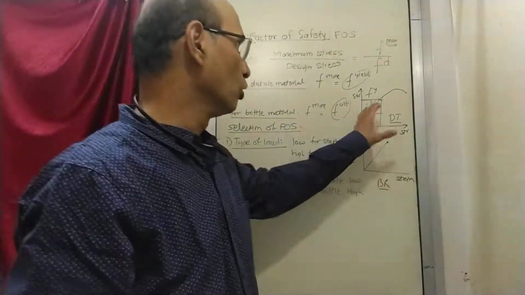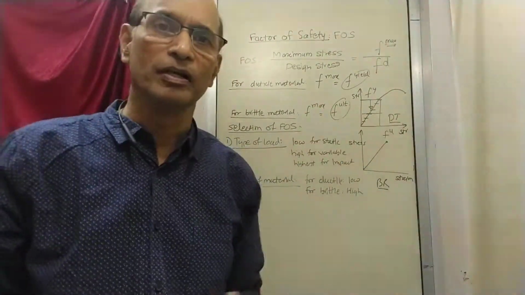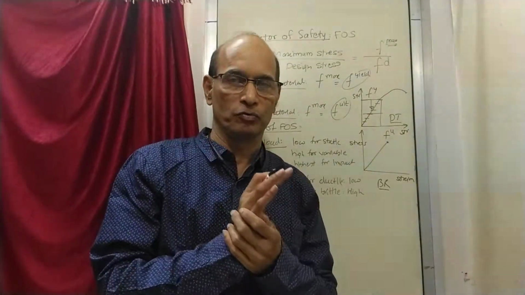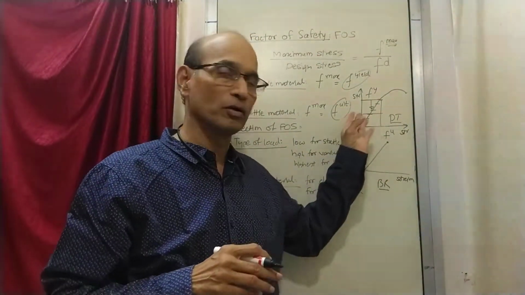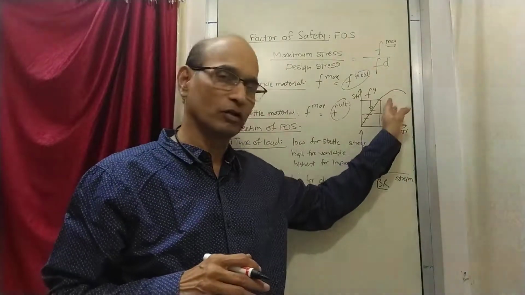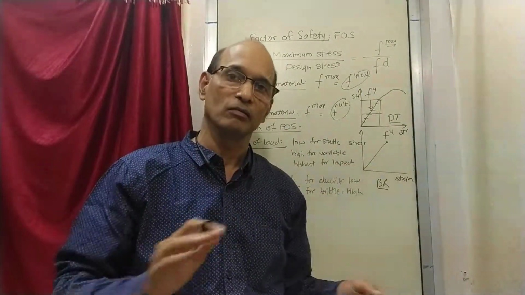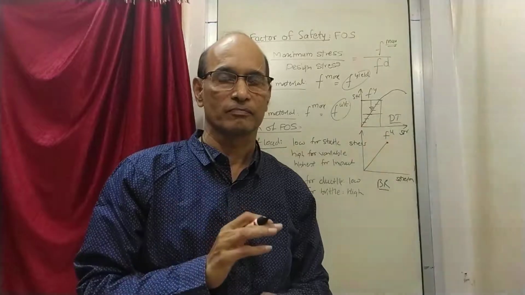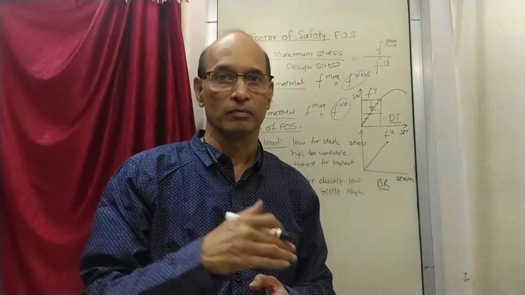Now why is it low for ductile? Ductile material is relatively safe. That means it will give you some chance. Even if the load increases beyond a certain limit, still there is some safety. You can call this safety because it will not totally break. It will only increase the stress and it will be non-reversible.